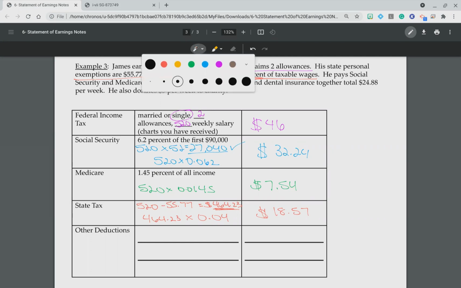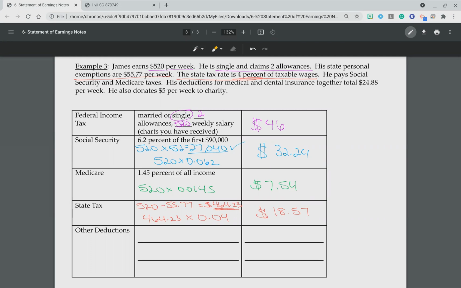All right, and then remember we had two other things that we pay for. We had medical and dental, which they told us was $24.88. And then this nice fellow donates $5 to charity.